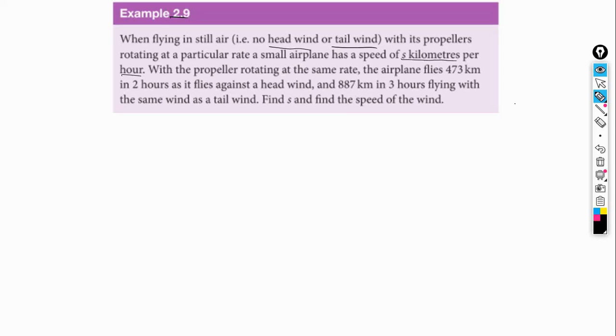With the propeller rotating at the same rate, the aeroplane flies 473 kilometers in 2 hours as it flies against a headwind, and 887 kilometers in 3 hours flying with the same wind, but this time as a tailwind. Find S and find the speed of the wind.